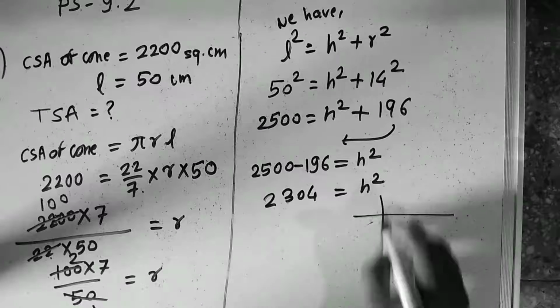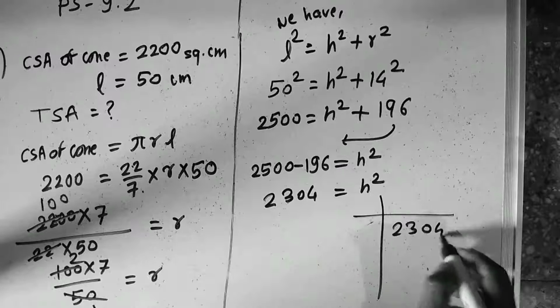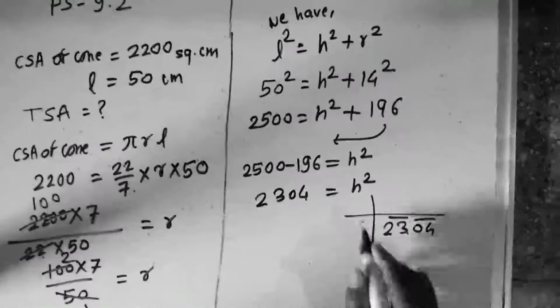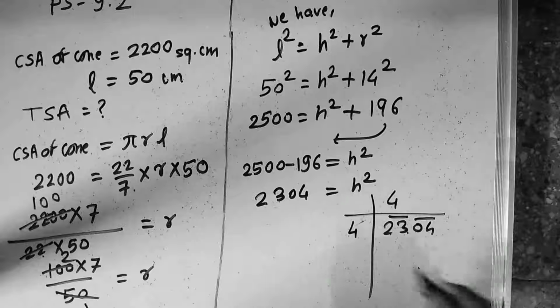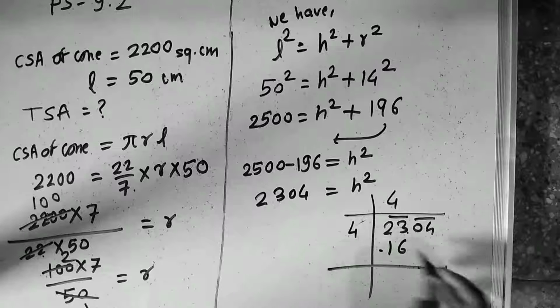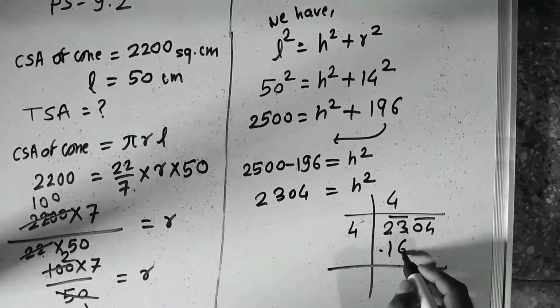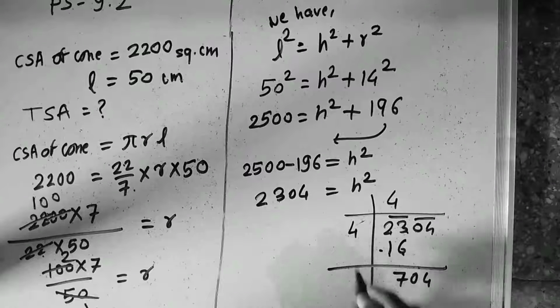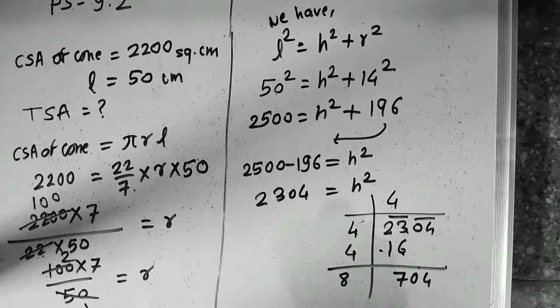So what I will do is use this method. What is the perfect square nearest to this? Yes, 4 fours are 16. Subtract this. Subtraction 23 minus 16 is 7, and 704 comes down. So 4 plus 4 is 8. Now by which number do I have to multiply here to get 704?